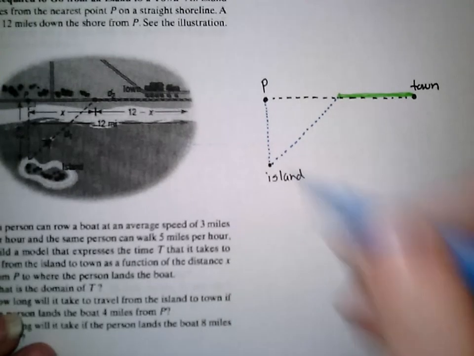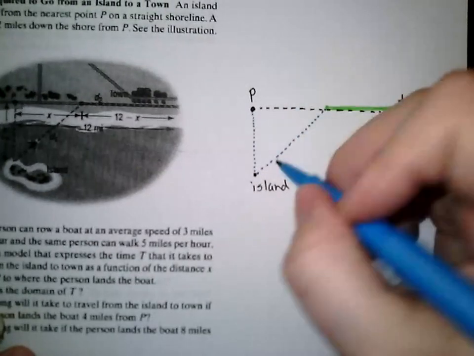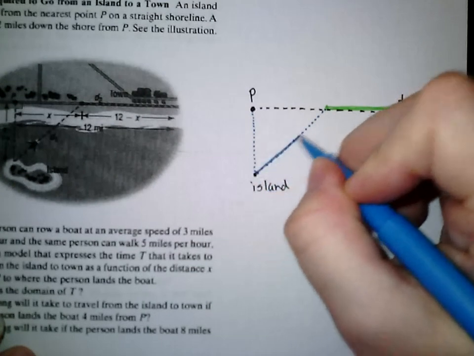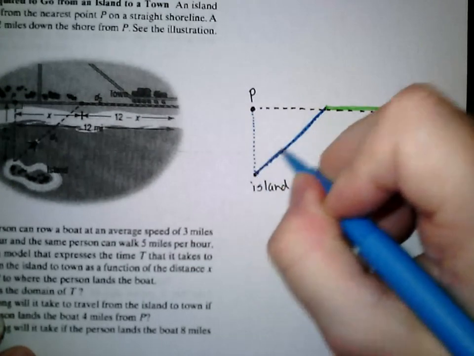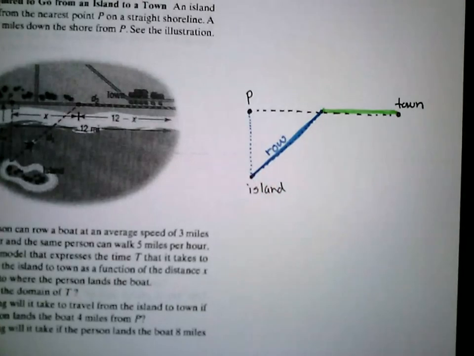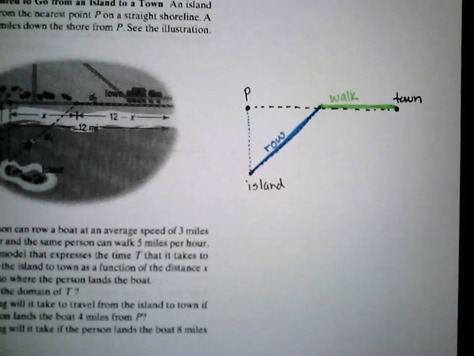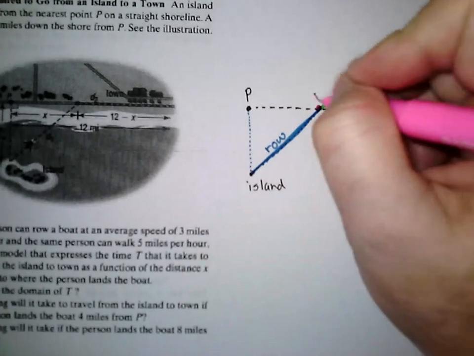I can't just magically be on point P and walk the rest of the way to the town. So no matter what, I'm going to have to row some distance. Now, it might be straight across, but I'm just going to label it at some random point, and then I'm going to walk the rest of the way. So that random point, I'm going to label this point right here X.